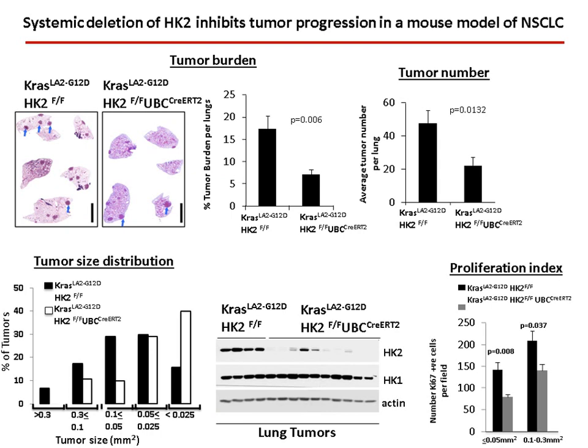What we found is that here, even after tumor onset, the systemic deletion of Hexokinase 2 whole body decreased tumor burden, number of tumors, and tumor size.